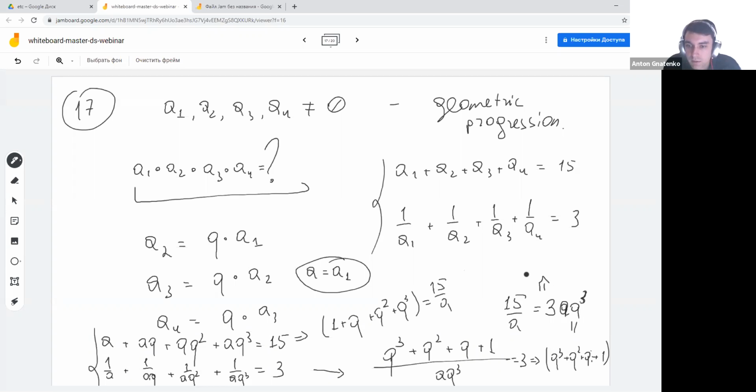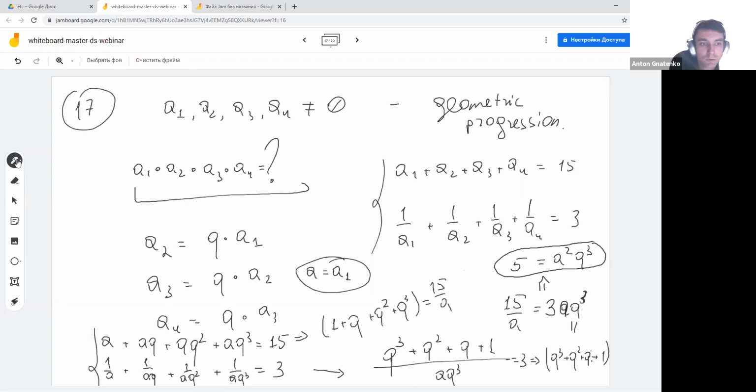And from this, I will multiply both sides by A and divide both sides by 3. By 3, I will get 5 on the left and A squared Q cubed on the right. Okay, this is information I get.